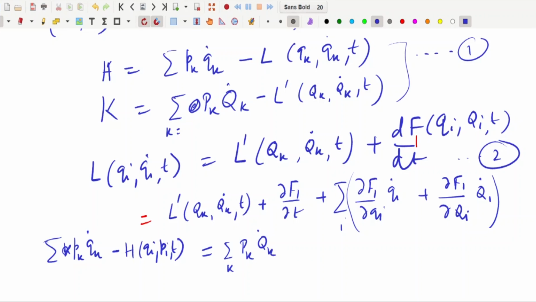Sometimes it may be confusing to write small p and capital P, but I hope you can distinguish between them, because small p is in the old set of canonical variables and capital P in the new set.